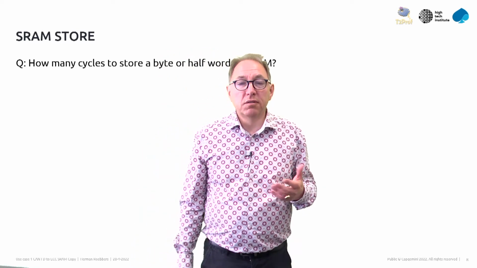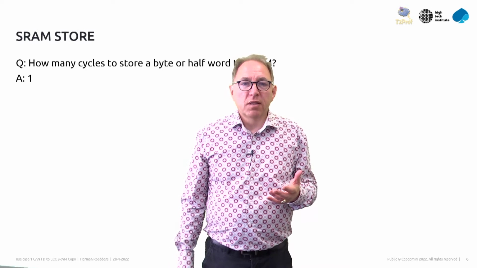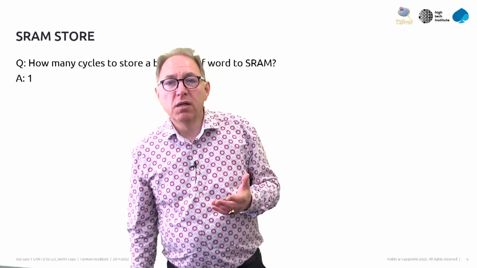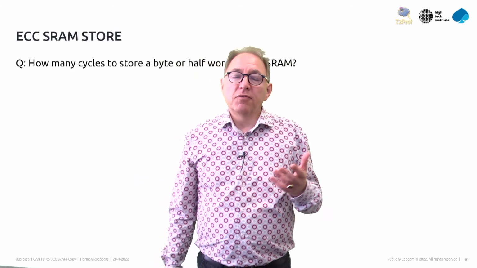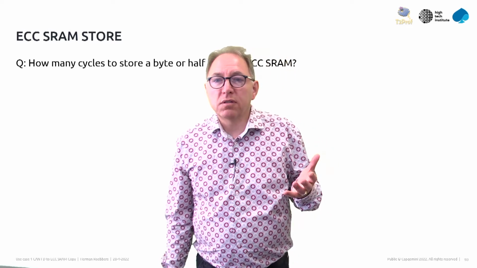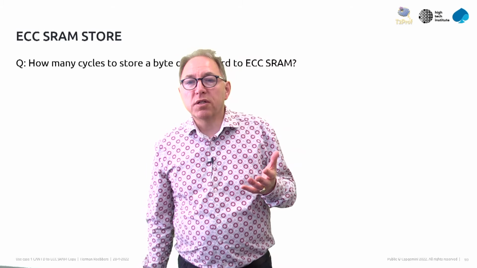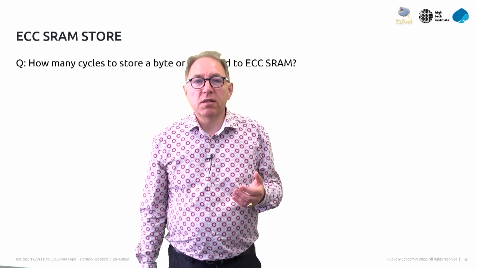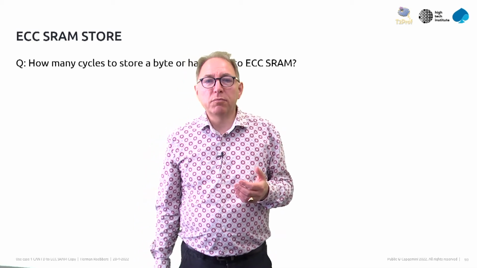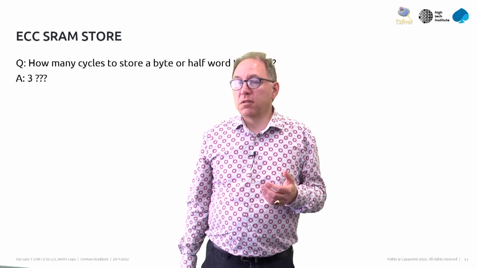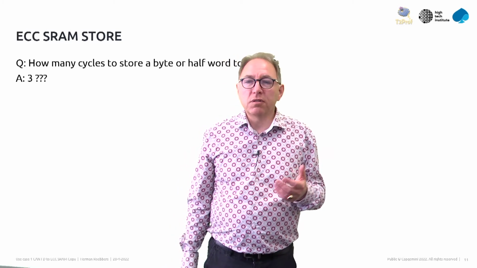The SRAM itself is organized as 32 bits, so the expected answer might be 1. But with this SRAM protected with ECC checks, how long does it take in that case? It gets a little more complex, because the answer appears to be 3 rather than 1. So the question is, how did this happen?